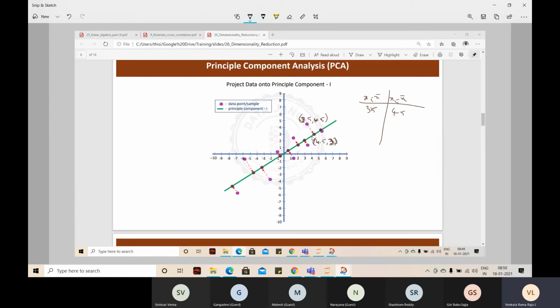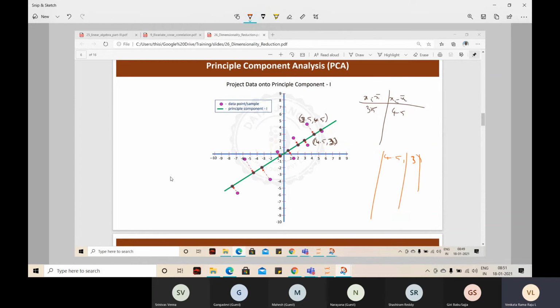When I took the first principal component and projected the same data, the same data became like this: 4.5 and 3. So that is our first principal component.